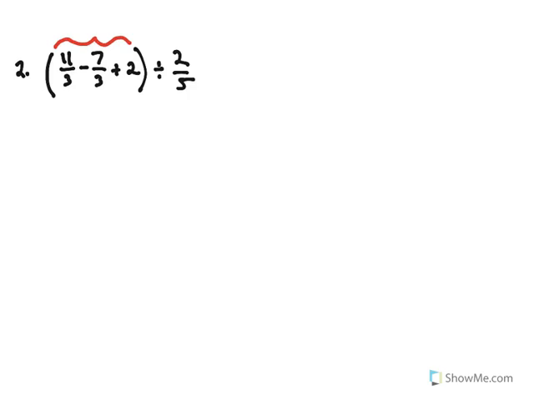And when we read it from left to right, we should do this first. If you have 11 over 3 minus 7 over 3, you will know that the denominators are the same, so we just go ahead and do 11 minus 7. This is going to give me 4 over 3.